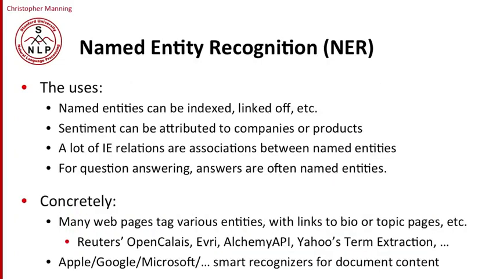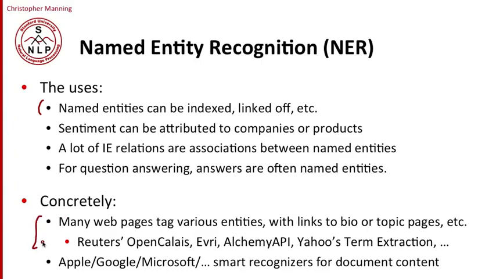Okay, so what is the use of named entity recognition systems? Well, named entities, if you identify them in a text, are something that can be indexed or linked off. As I note down below, many companies make use of various techniques for tagging entities on web pages, and then they can provide links off of those entities to bio pages or topic pages or other things of that sort.